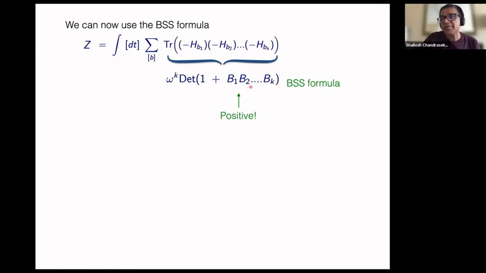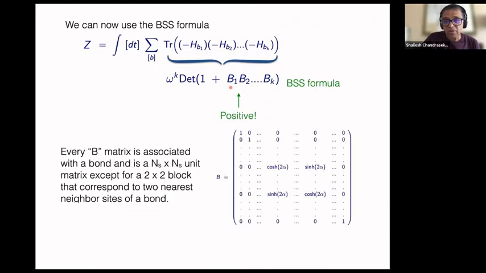And this is exactly what happens in the auxiliary field approach. Except that in this fermion bag approach, each of these B1s is a very simple spatial by spatial matrix. Remember, it only acts on nearest neighbors. So it's actually identity everywhere except for a block, right? A 2 by 2 block, which labels the 2 nearest neighbor sites.